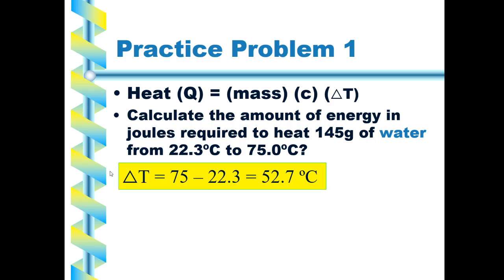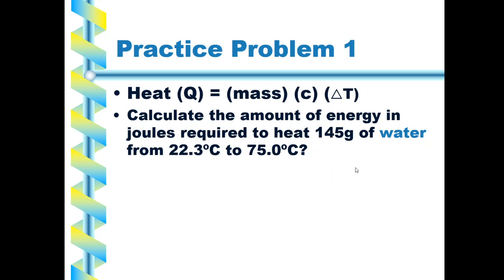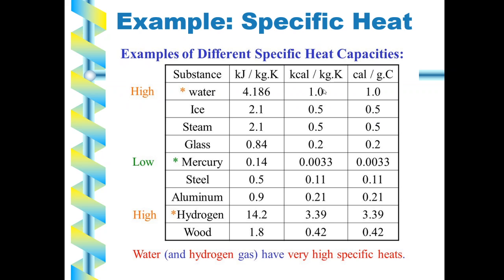So the first thing we're gonna do is calculate delta T, or change in temperature. And it's gonna be final, 75 minus 22.3, which will equal 52.7, okay? Then I will start putting in the numbers. Remember, C is going to be from the table we just saw. So it says water, so we're gonna go back and look at where I would get that. So you would have water, and you could see there's 3 different ones.